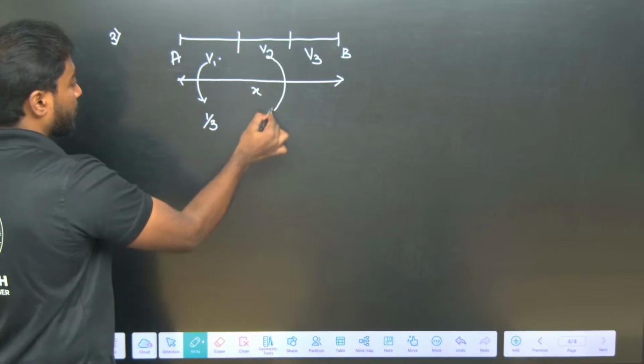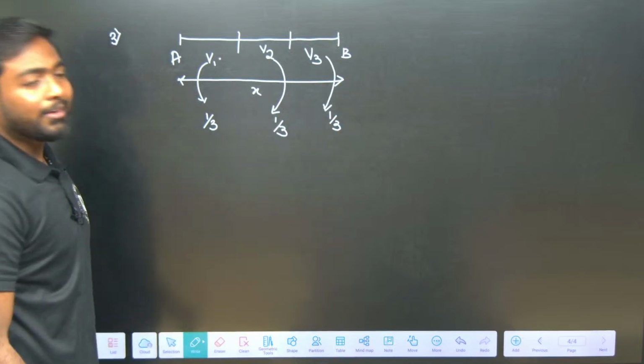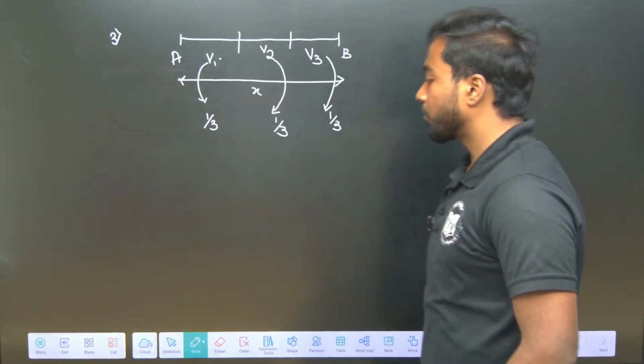What is the average velocity of the given particle?